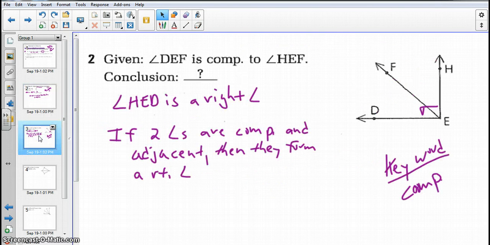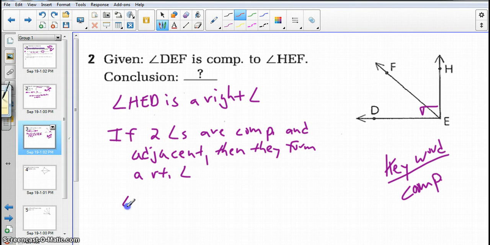Complementary angles do not have to be next to each other, so there would actually be one other option you could do for this problem. Let me switch colors. The other option is you could say angle HED is equal to 90 degrees. Let me put a line there.